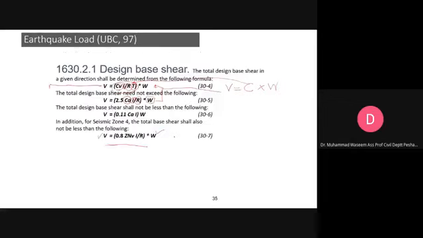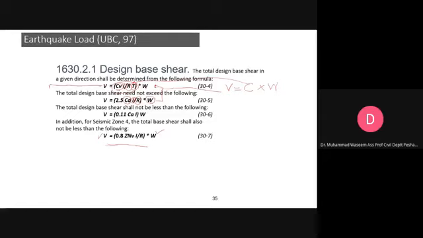Okay, now basically if you want to evaluate the response or the forces for which you have to design your structure or building, you have to calculate the base shear, and using the equivalent static procedure you can calculate the base shear by this formulation. V is equal to CvI by RT into the weight of the building.